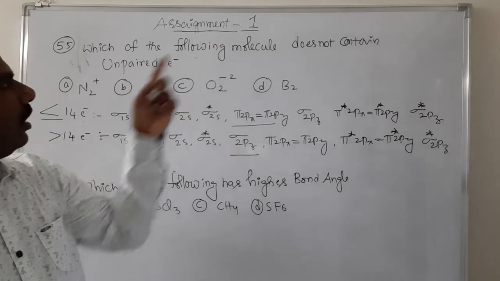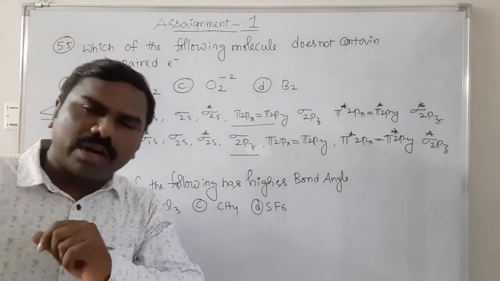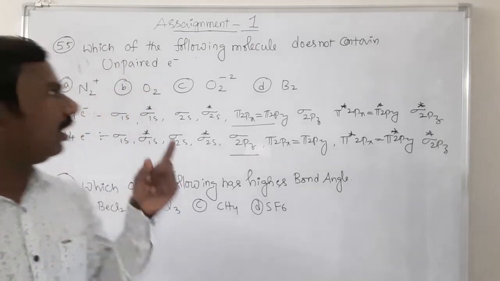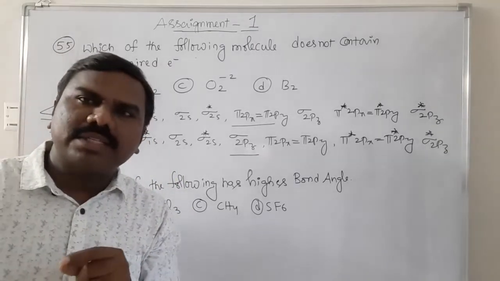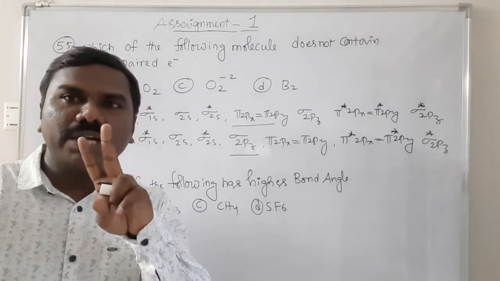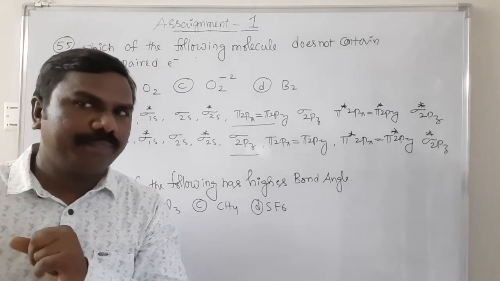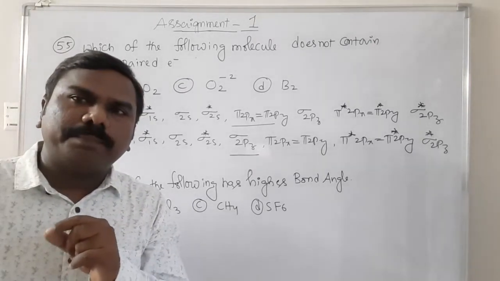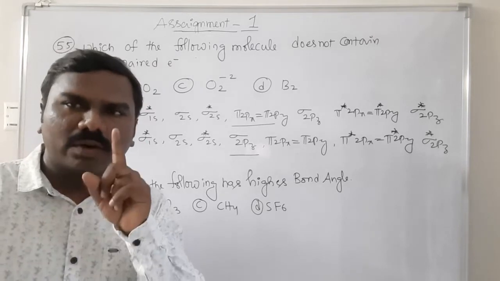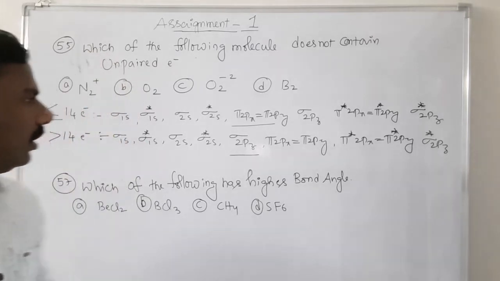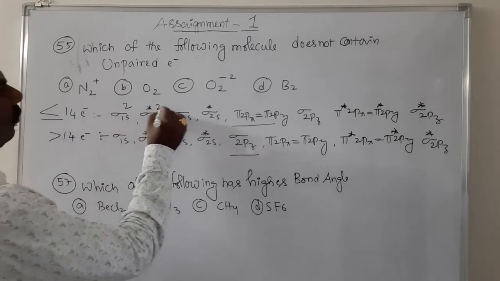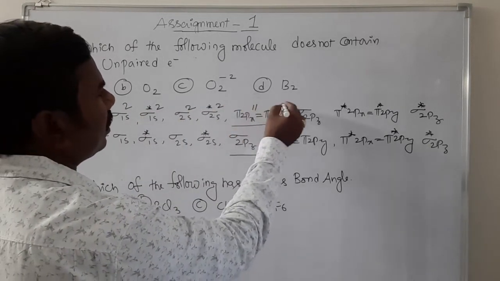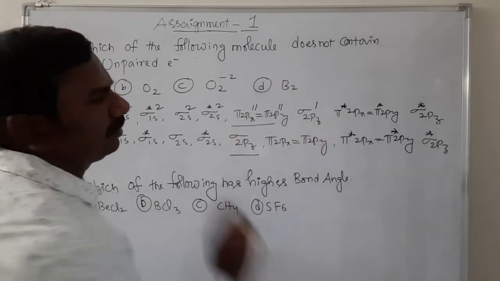Which of the following molecules does not contain an odd electron? Odd electron means unpaired electron. We need to fill electrons in these orbitals first. N2 plus: nitrogen has atomic number 7, N2 means 2 into 7, 14, and with the plus charge, 1 electron less, so 13 electrons. 13 means 2, 4, 6, 8, 9, 10, 11, 12 and 13.